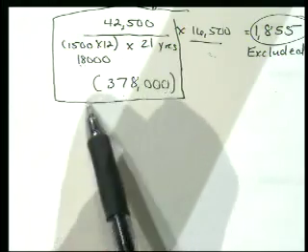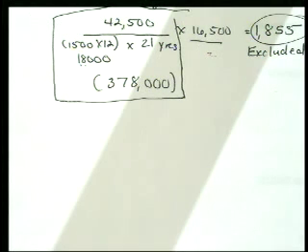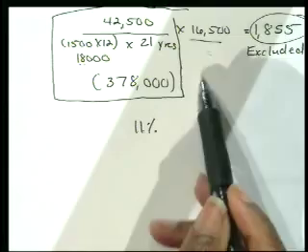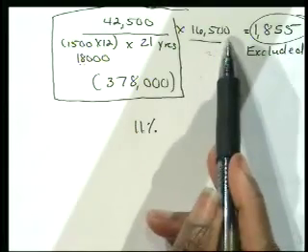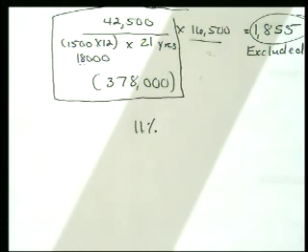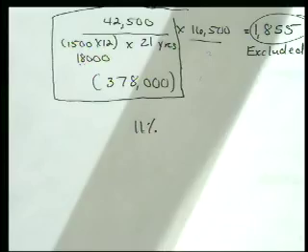So if we go through that, divided by the 378, we'll get an exclusion ratio of like 11.243%. So this exclusion ratio times what he actually received is the amount that he would exclude every year.